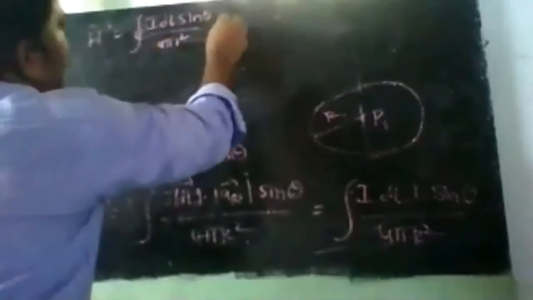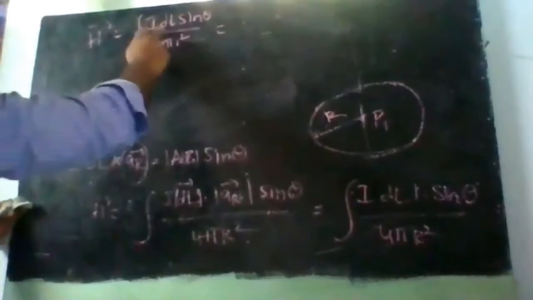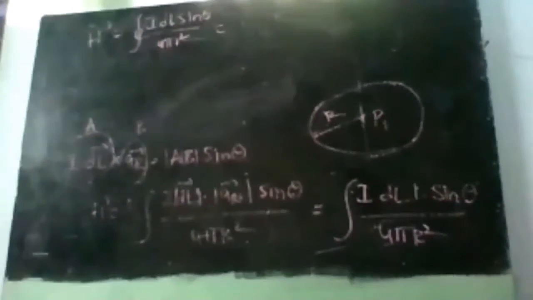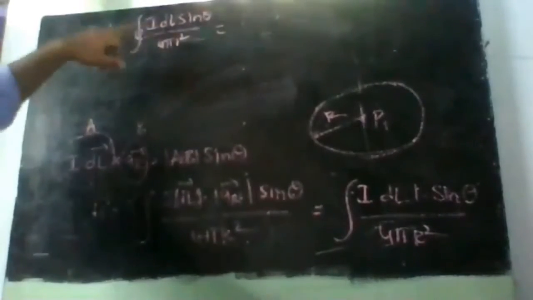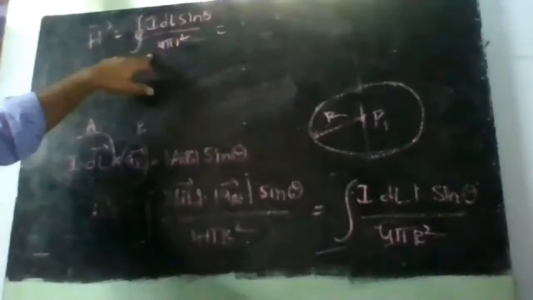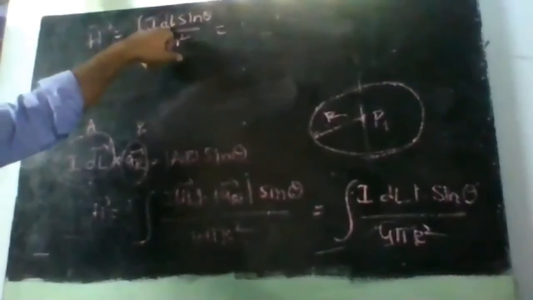I sine theta and 4 pi r square are all independent of dL, so we are integrating with respect to dL.